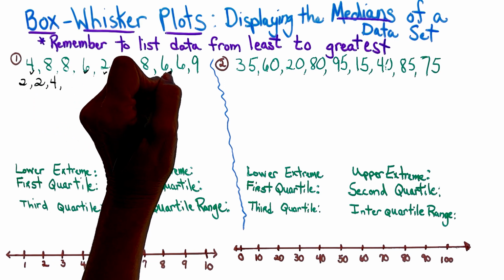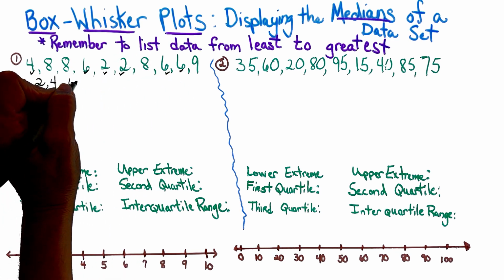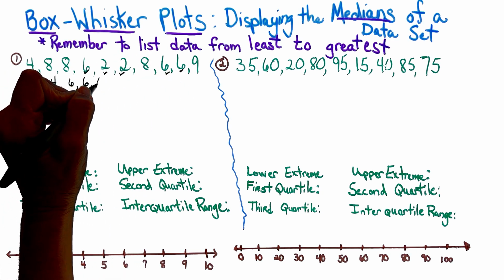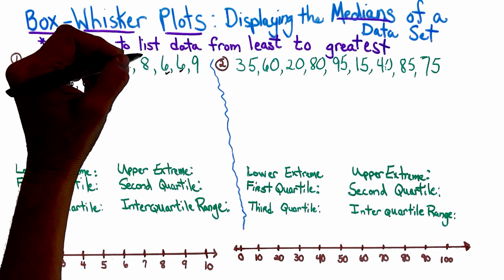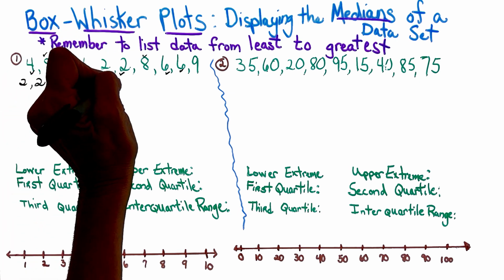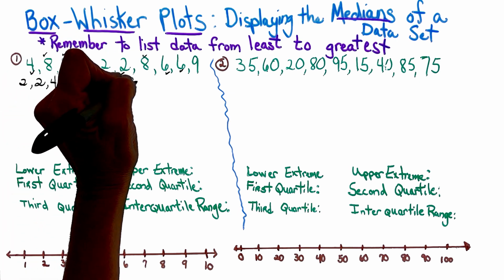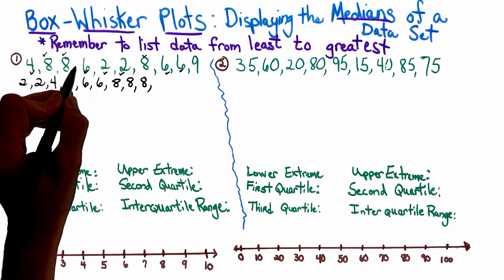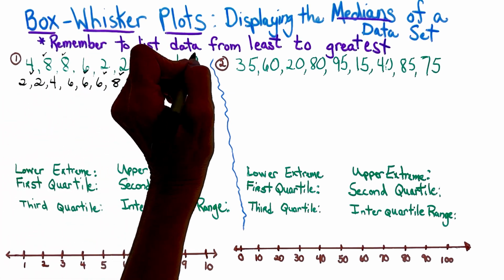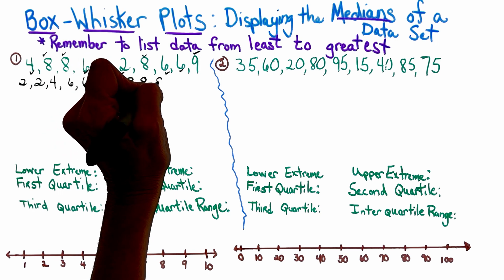And now the next number has to be an 8, and I have 1, 2, 3 8s. And the last that I see that is not marked is my 9, and that should be the end.